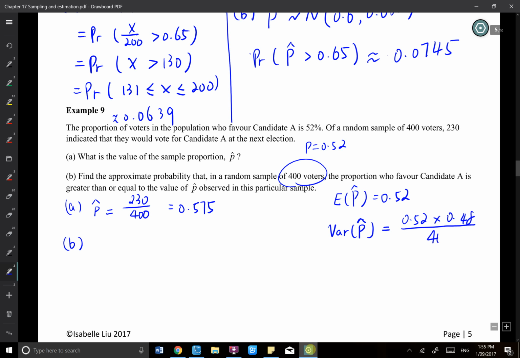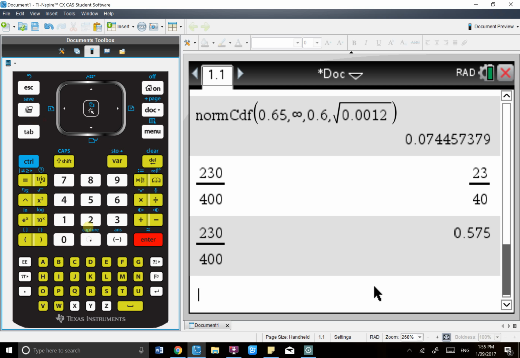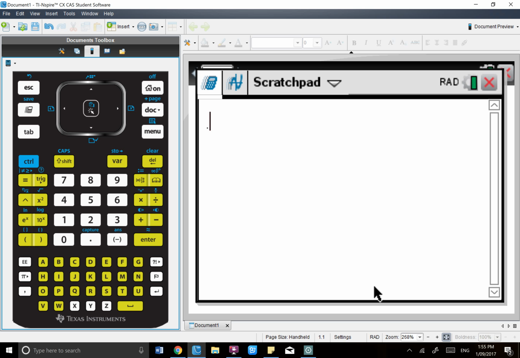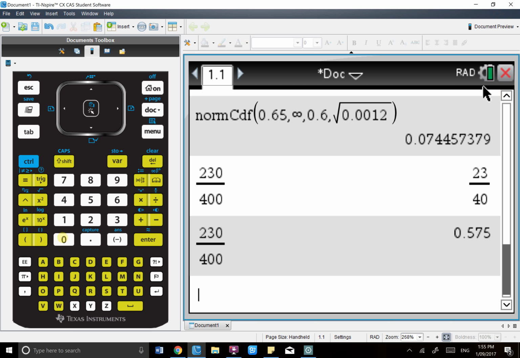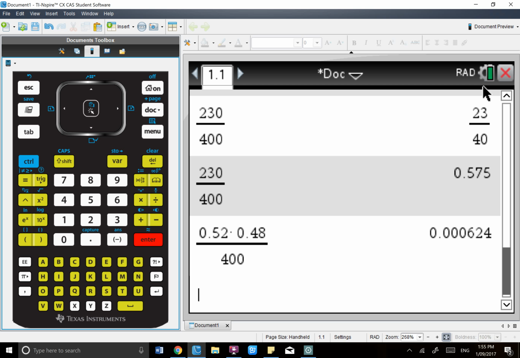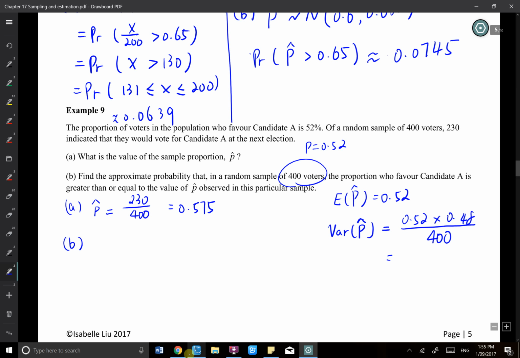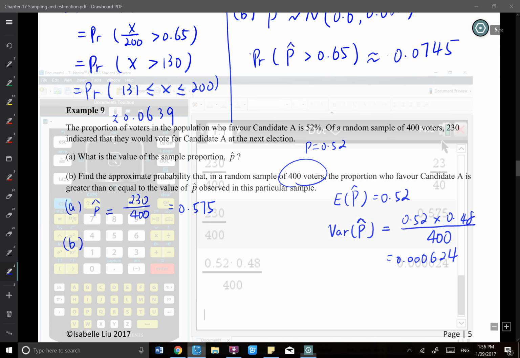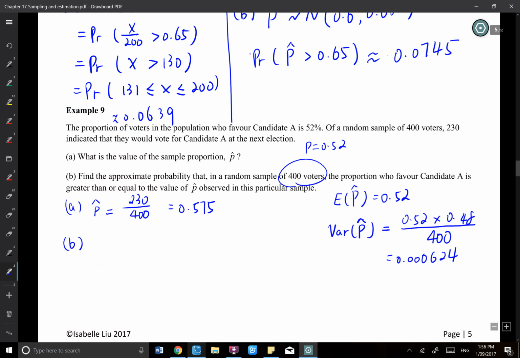So 0.52 times 0.48 divided by 400 gives 0.000624. That's the variance.